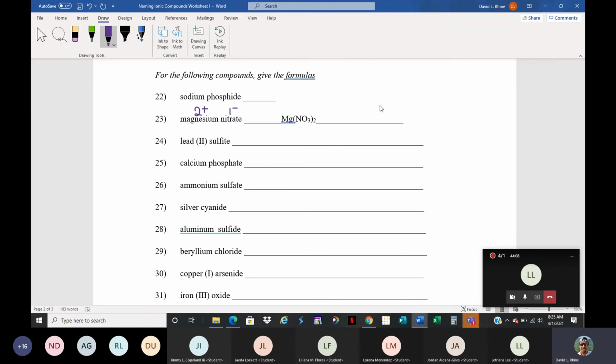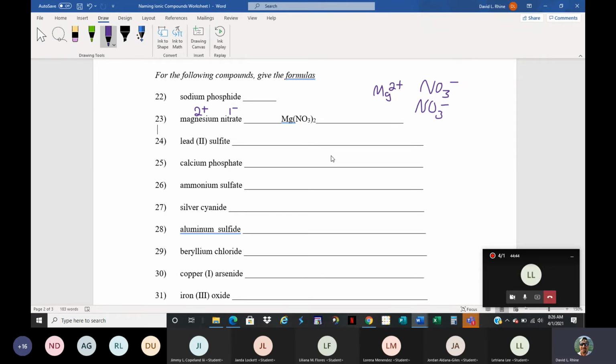Now, I've got one magnesium, and it is a 2 plus, and an NO3 is just a minus. So I need another NO3 so that I have 2 minuses to balance out the 2 plus. And the way I represent that is I put parentheses around it and then put a 2.